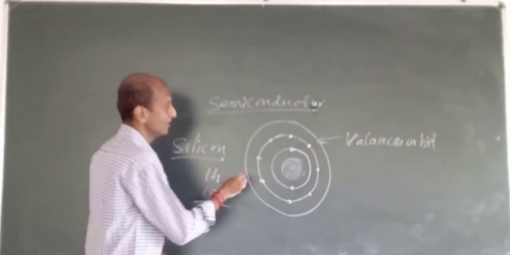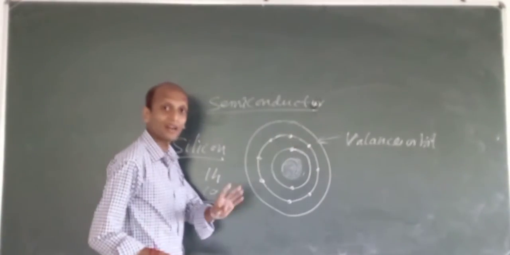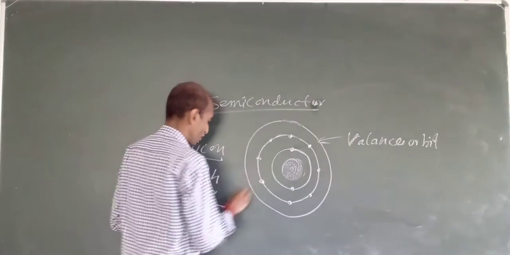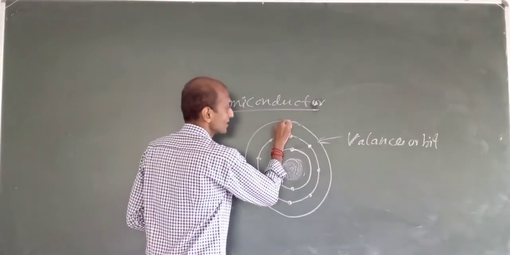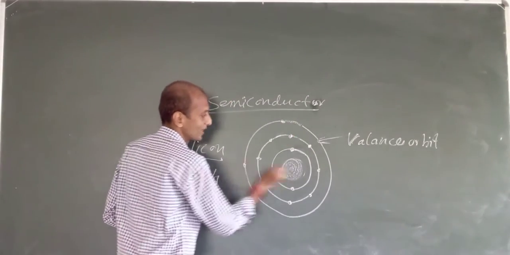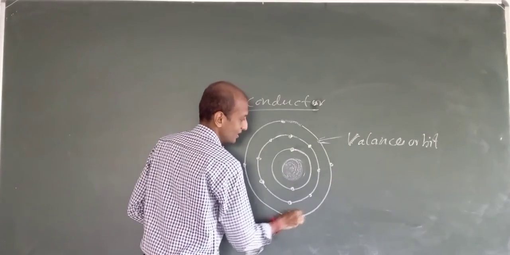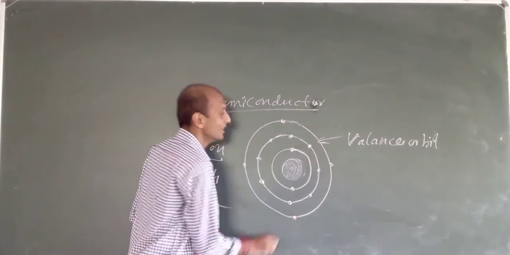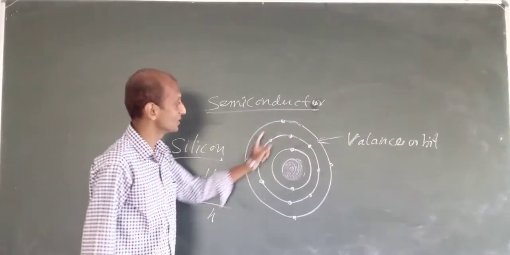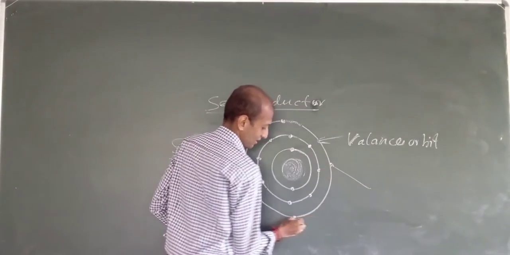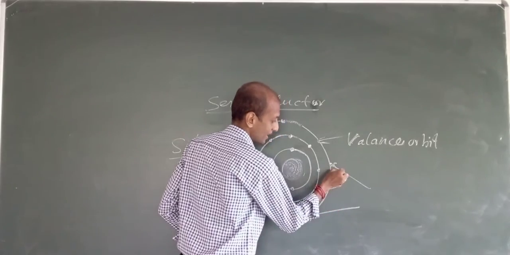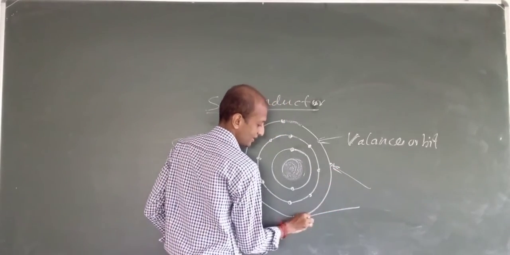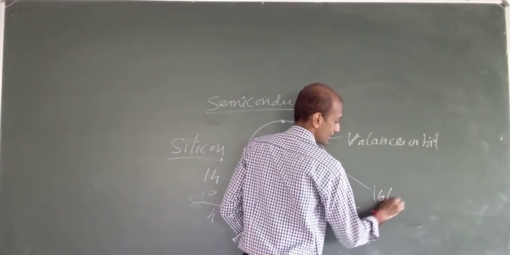How many electrons will the valence orbit have? The remaining 4 electrons will be there on the valence orbit. These electrons of the outermost orbit are called valence electrons.